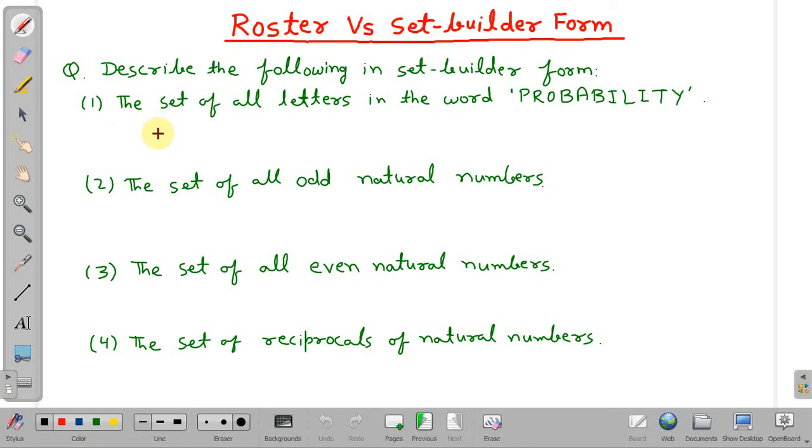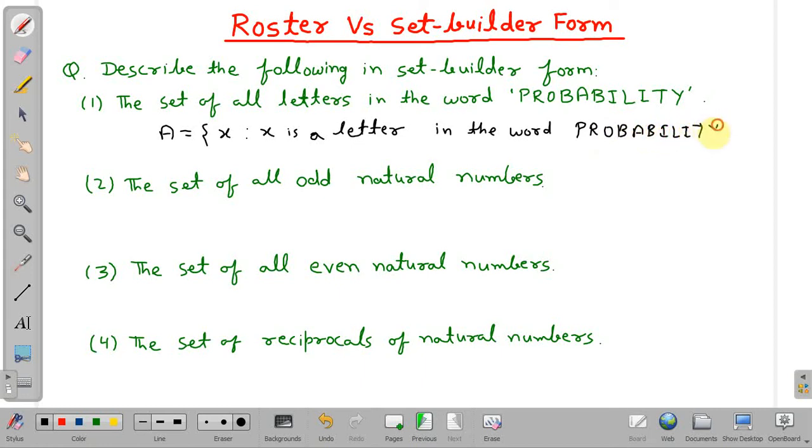If A denotes the set, then A equal to X such that X is a letter in the word probability. This is how we can write it in set builder form.